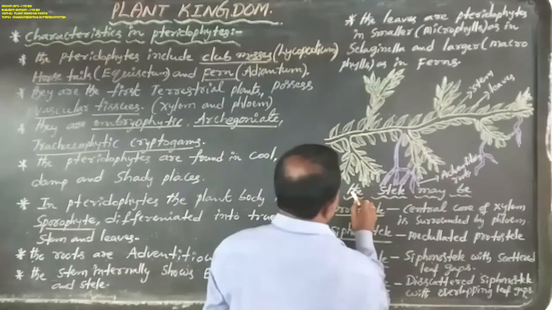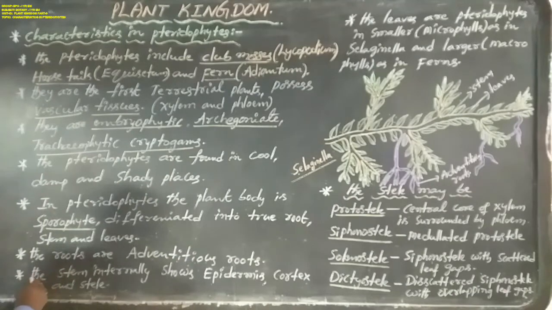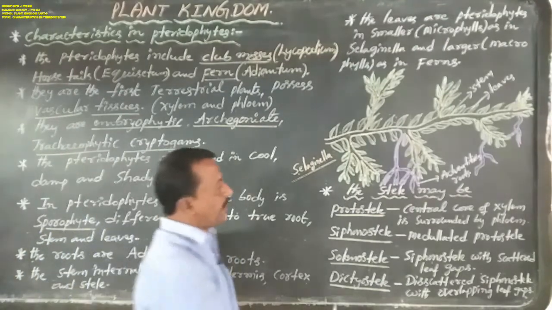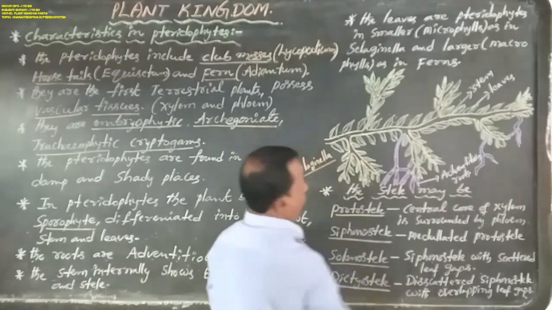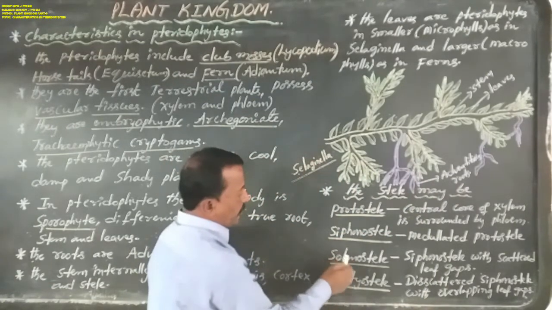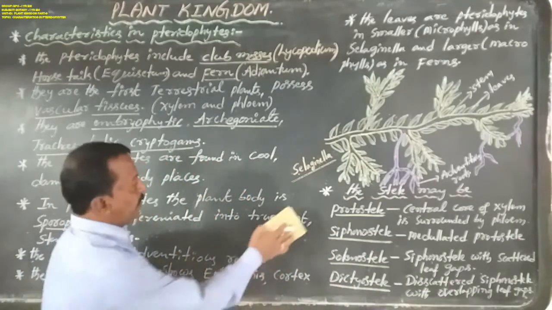Next, in pteridophytes, the stem internally shows epidermis, cortex, and stele. The stele may be protostele, siphonostele, solenostele, or dictyostele.